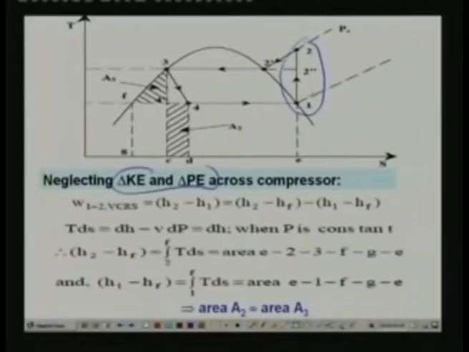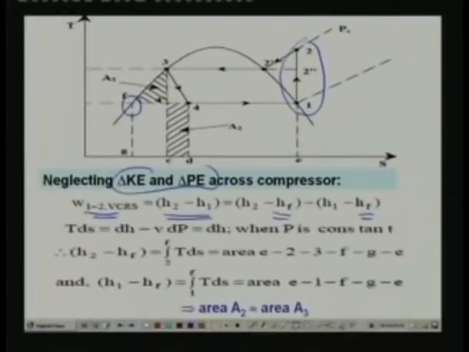If you apply energy balance for the compression process, you find that the work input to the compressor W1 to 2 of the vapor compression refrigerant cycle is nothing but H2 minus H1, that means the enthalpy difference across the compressor, which is the work of compression. So what I do here is I subtract and add HF, where HF is the saturated liquid enthalpy at evaporator temperature. So I am writing H2 minus H1 as H2 minus HF minus H1 minus HF.